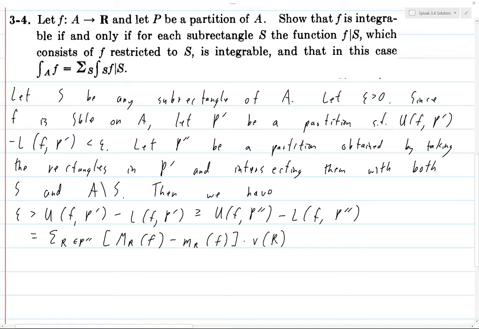The reason I've written it like this is because the upper and lower sums are distinct sums, but because each term contains a factor of V_R, we can factor them together and write it like this. So this sum is over all rectangles in P double prime.